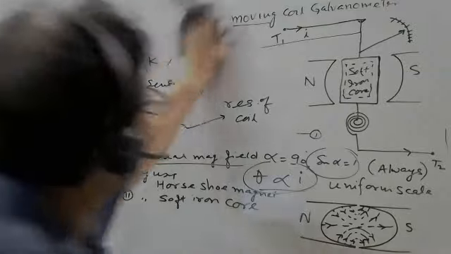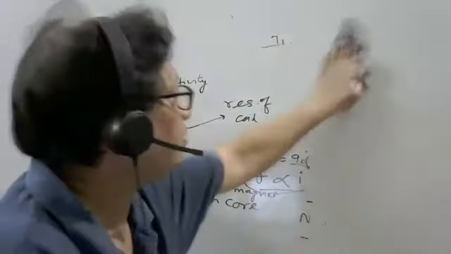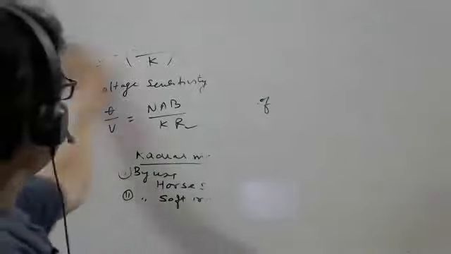Now, moving coil galvanometer converting into ammeter and voltmeter, because this is our requirement here. We are interested to measure not only the microampere current but practically amperes currents. How can you do it? Let us discuss one by one.